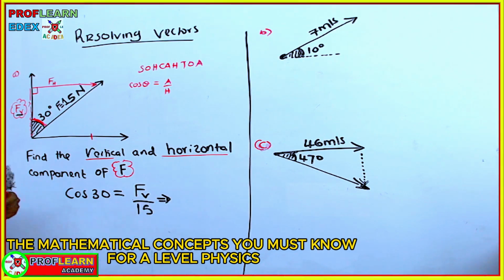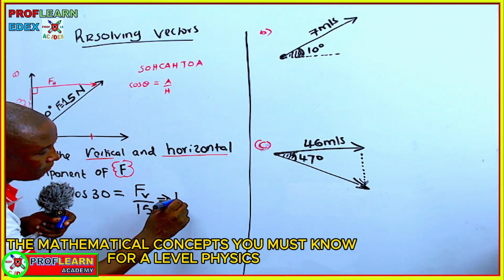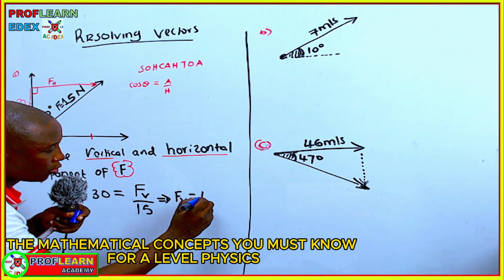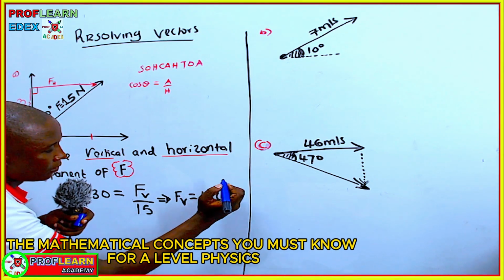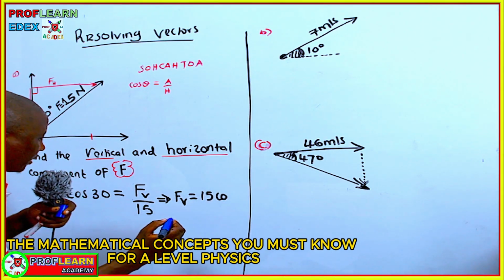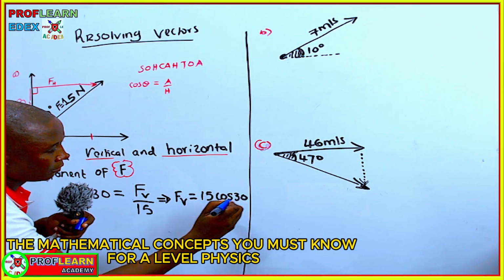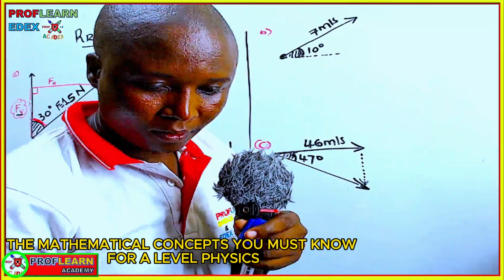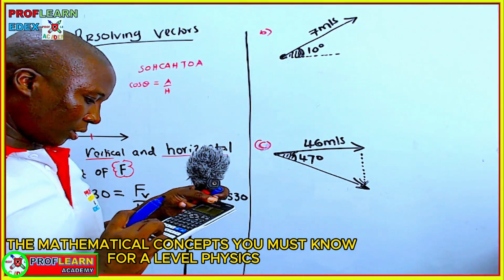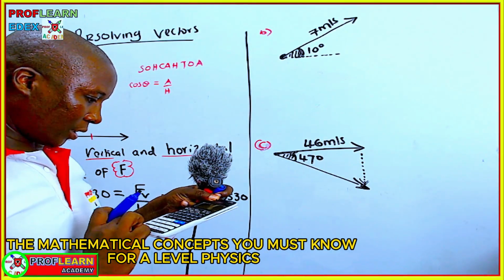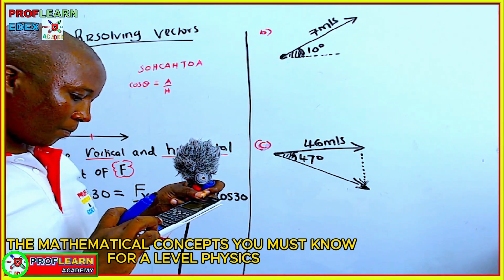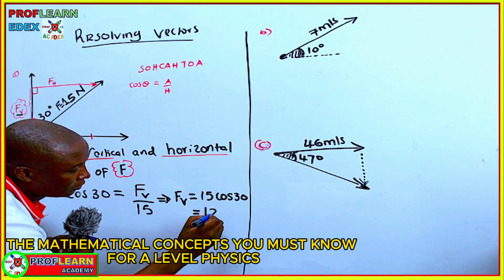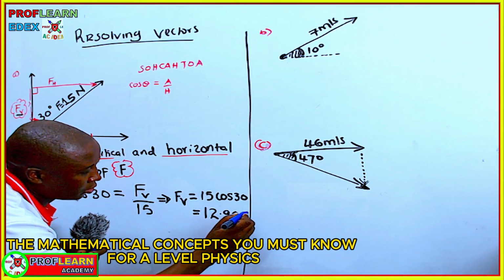So to work this out, the force F in the vertical direction, or the vertical component, is going to be 15 cos 30. Let us put it in a calculator and see what we get. This is 15 cos 30. That translates to 12.99 Newton.